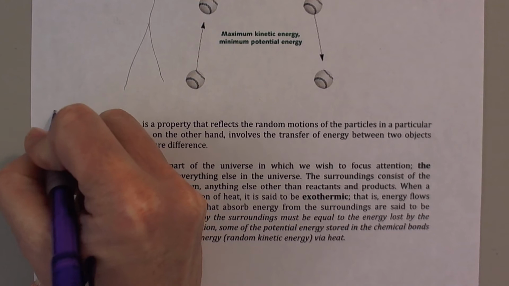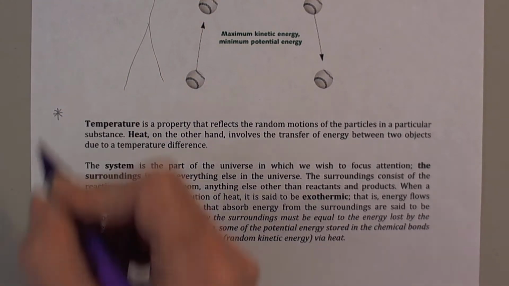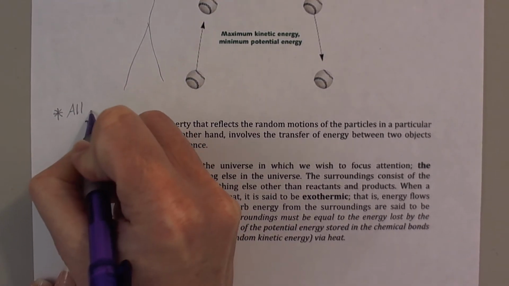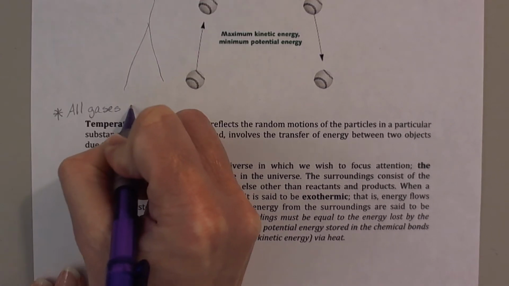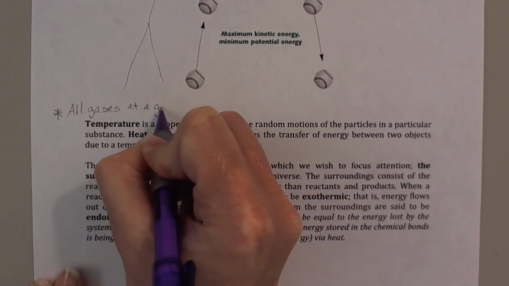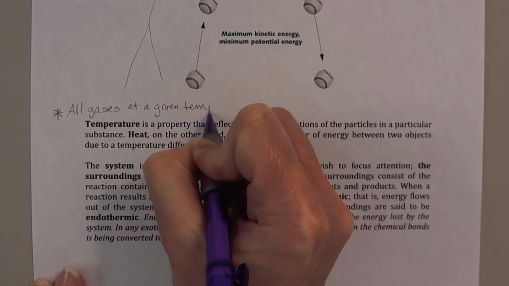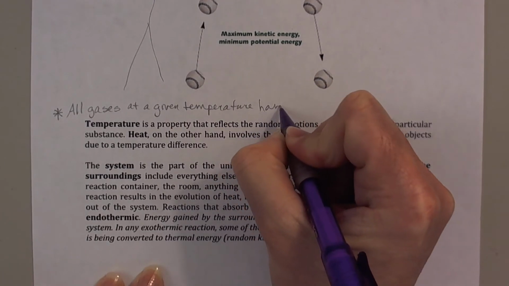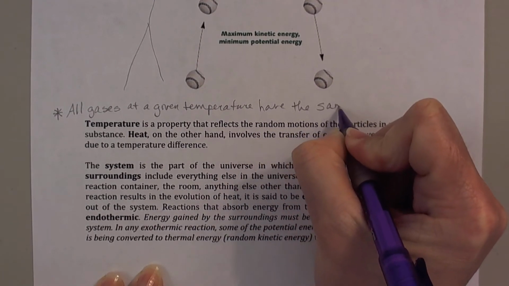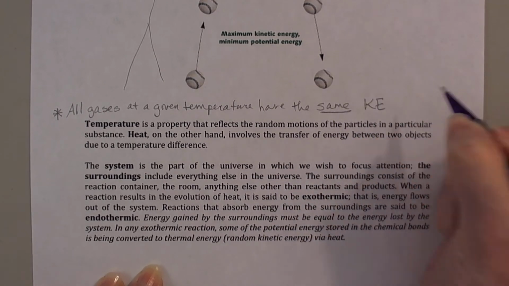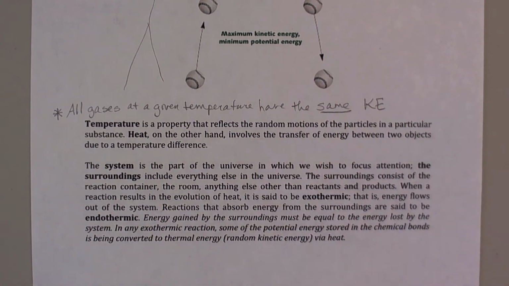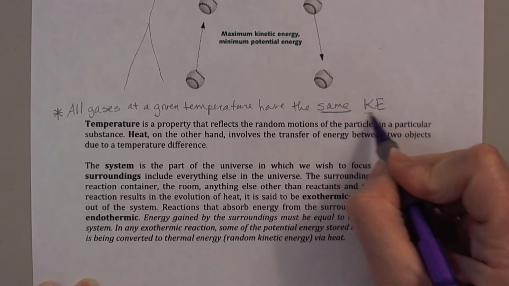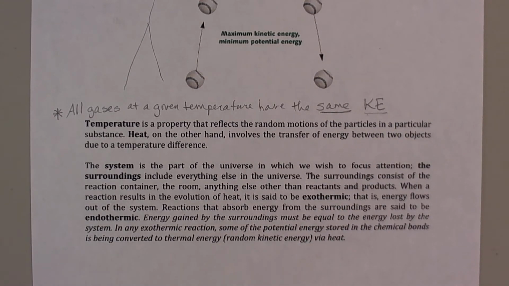So one thing I really want to stress is, in this class especially, all gases at a given temperature have the same kinetic energy, and I'm going to abbreviate that KE. So all gases at a certain temperature have the same kinetic energy because the temperature is proportional to something's kinetic energy, the motion of those particles.